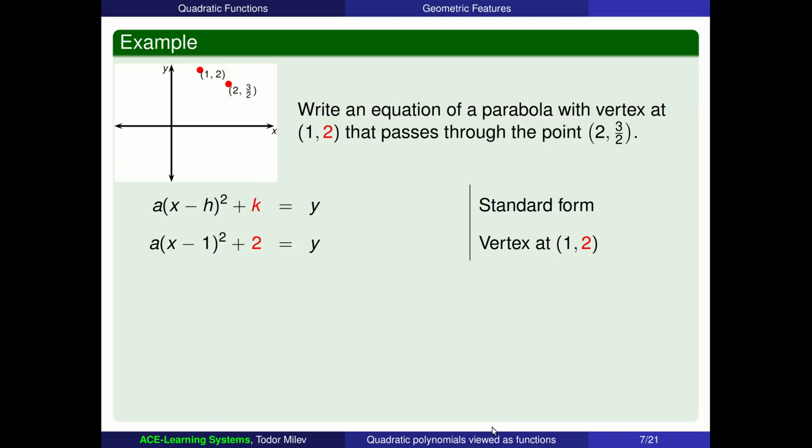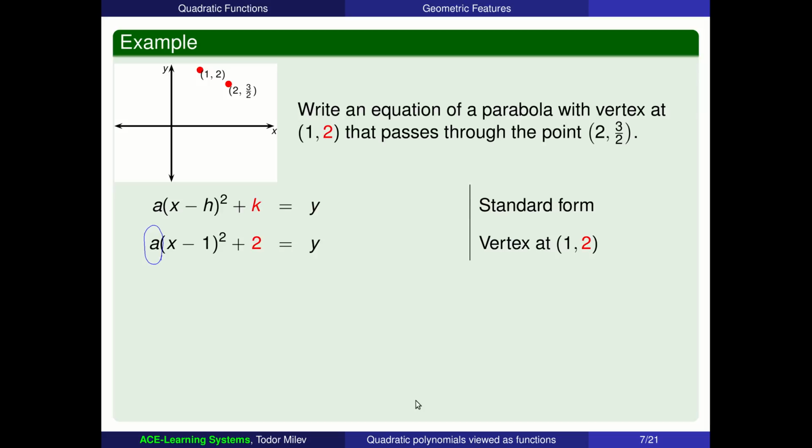So using very little information, using only where the vertex of the parabola is, we've already figured out a lot of the parameters of that parabola. In fact, in order to know which parabola we're looking for, all that's left is to find what's the value of the number a.